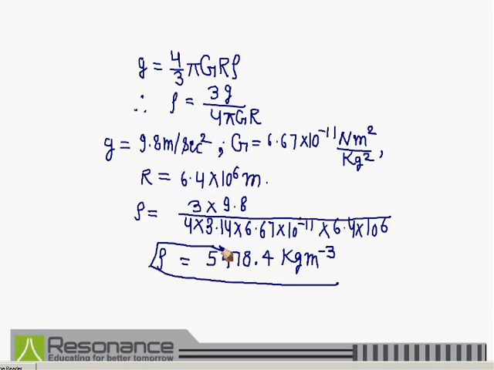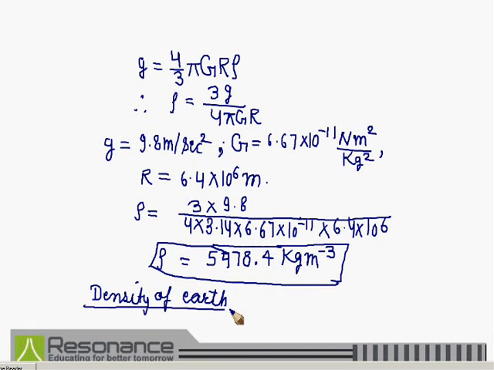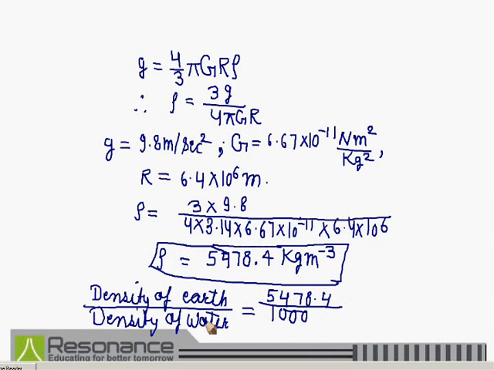When we compare the density of earth with the density of water, we find 5478.4 upon 1000, which is the density of water.